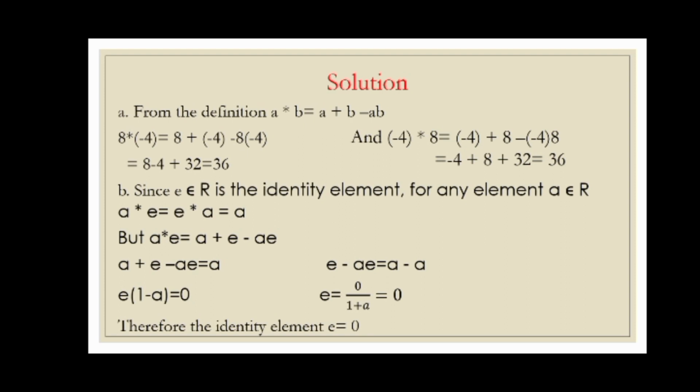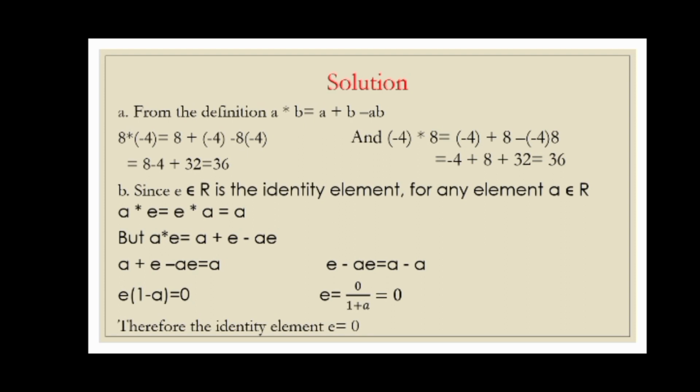We have minus 4 star 8. So here our minus 4 is our A and 8 is our B. Substituting it into the equation, we have minus 4, that's our A, plus 8, that's our B, minus AB.